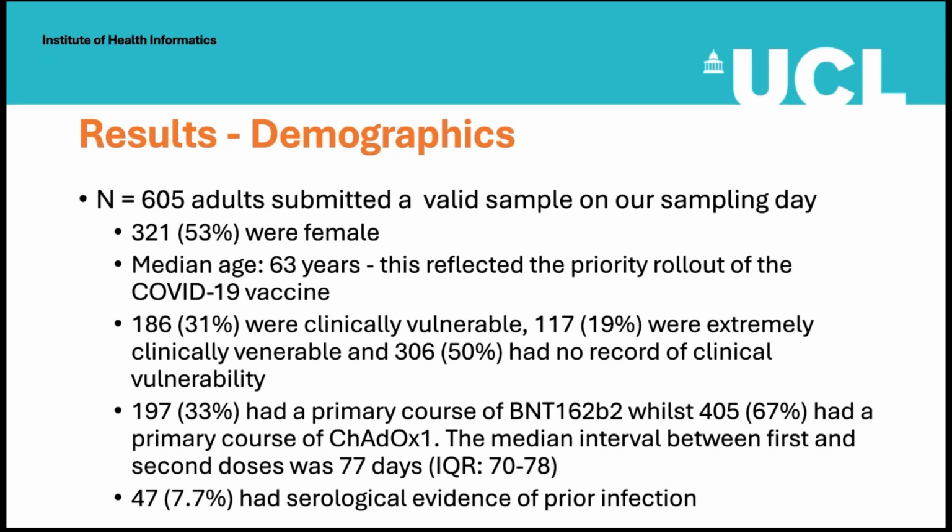So there was quite a range, but that was approximately the midpoint. When we had looked over the samples, about 7% had evidence of prior infection according to that other antibody type, and those were excluded from the final analysis because, as I mentioned, the antibody response can be different if you've had an infection.